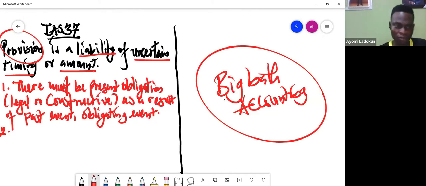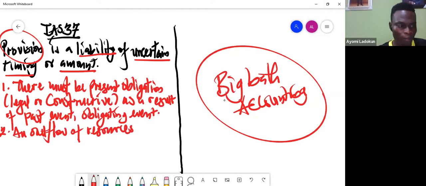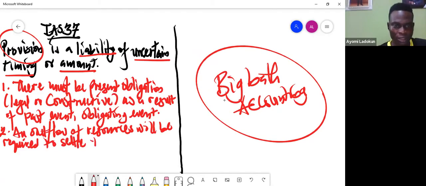Number 2, an outflow of resources embodying economic benefits will be required to settle the obligation. Okay, so that means I need money.